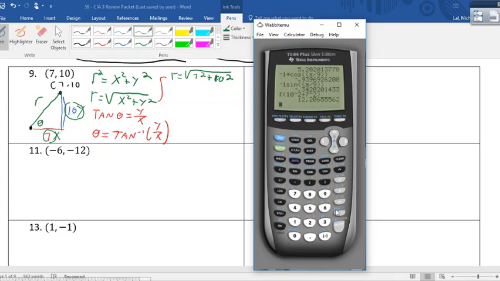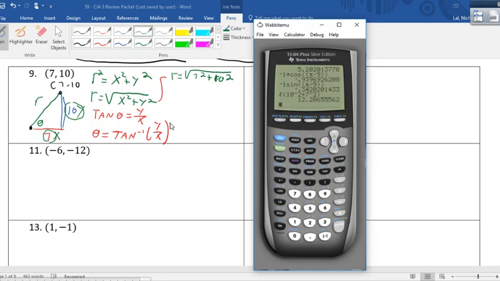And you should get a value of about 12.2. And that makes sense because 12 squared is 144, and 10 squared plus 7 squared is 149. So 12.2 is a little bit more than 12, and 149 is just a little bit more than 144.